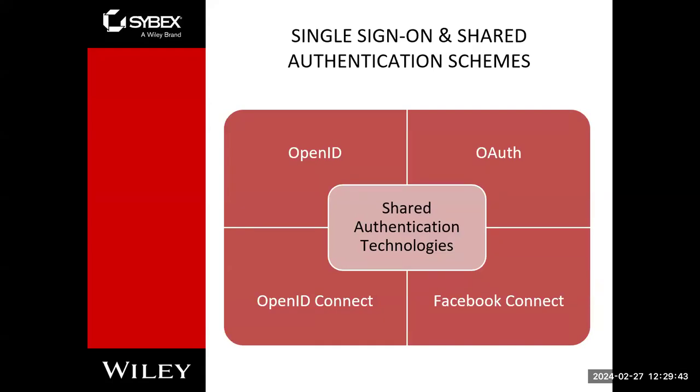Single sign-on is a way that we can incorporate authentication mechanisms into an overall environment. Very handy for the end user, kind of hard to set up sometimes for the engineer. Here are just some shared authentication technologies: OpenID, OAuth, Facebook Connect, etc. The front end of these would be things like Google Authenticator or any other types of MFA tokens or MFA applications.